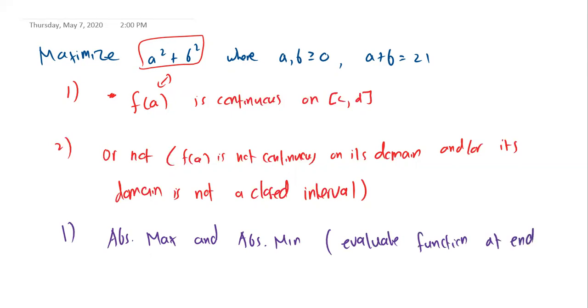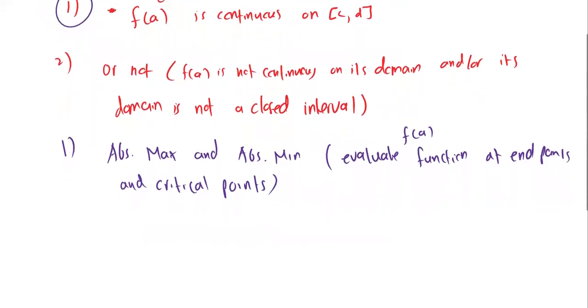And by the function, I mean the function, not the derivative. Whichever is the largest, that's the absolute max. Whichever is the smallest value you got from that, it's the absolute minimum. So that's in the case that you have a continuous function on a closed interval.